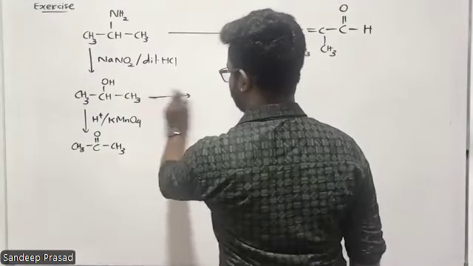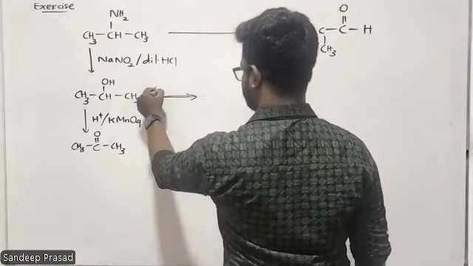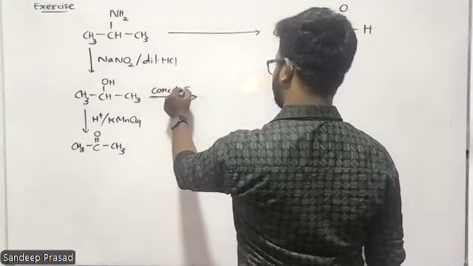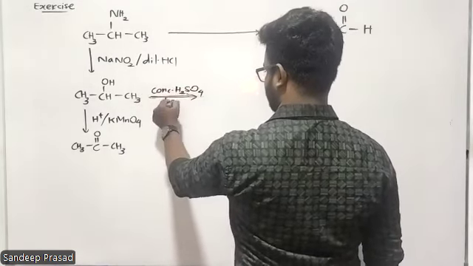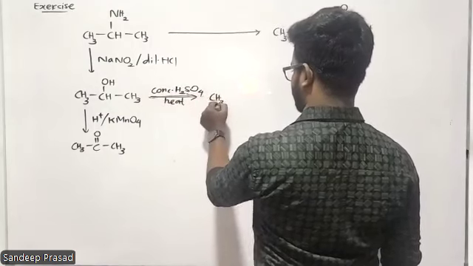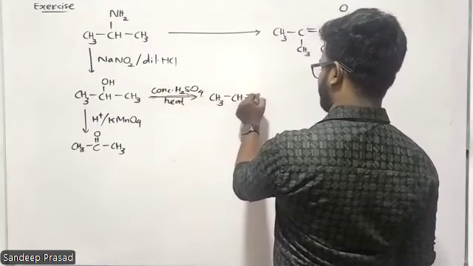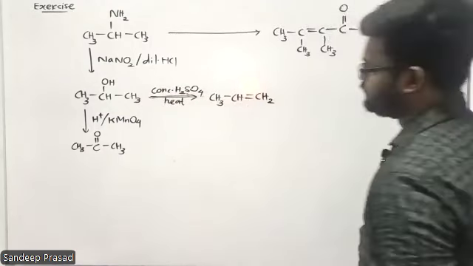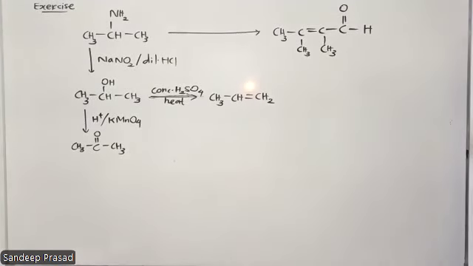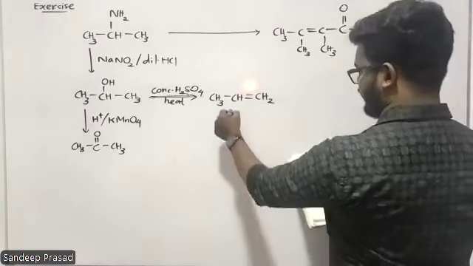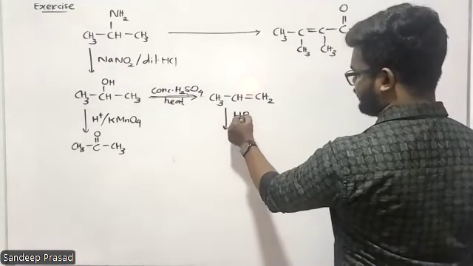For this, I'm going to add concentrated H2SO4 and heat. Then it is producing CH3, CH double bond CH2. Then here I can add HBr in the peroxide medium.